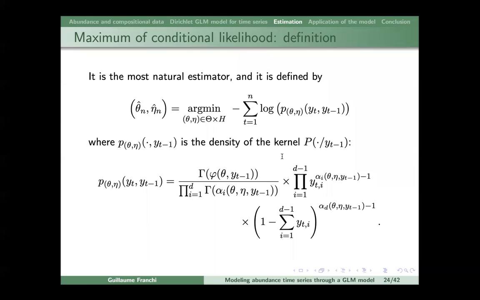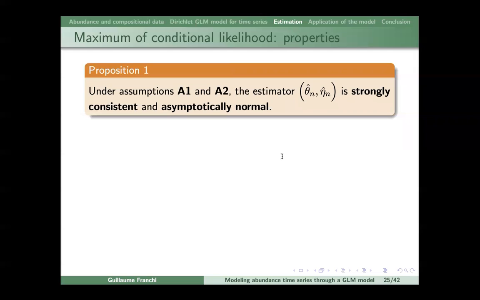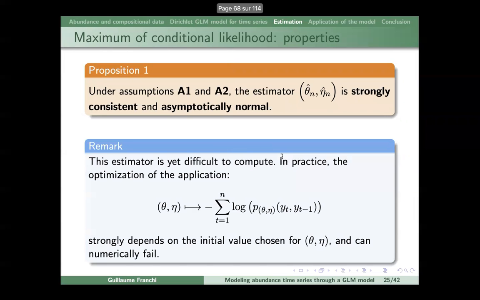So we can compute this maximum optimizer, and it has a good asymptotical result because under assumptions A1 and A2, it is strongly consistent and asymptotically normal. So this is a nice property. However, it is very difficult to compute in practice.